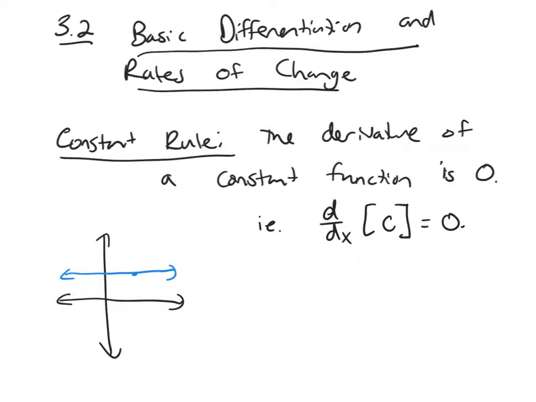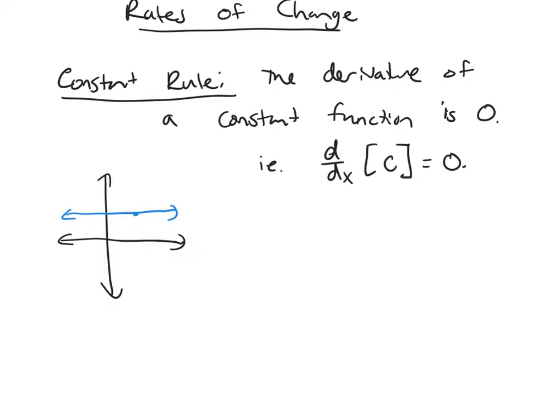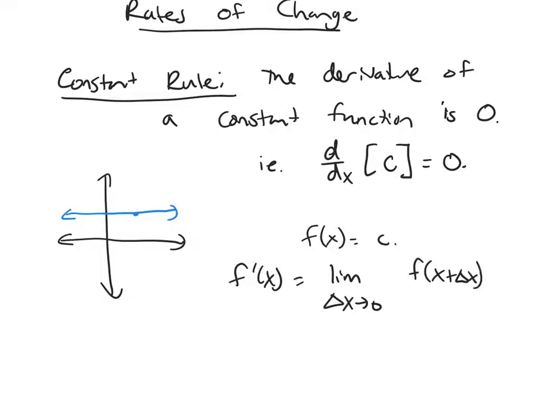But let's see, why is this really true? Let's use the definition to see if we can verify that this is true. So here's my constant function. It's equal to c. And let's look at the derivative definition. The limit as delta x goes to 0, f of x plus delta x minus f of x over delta x.